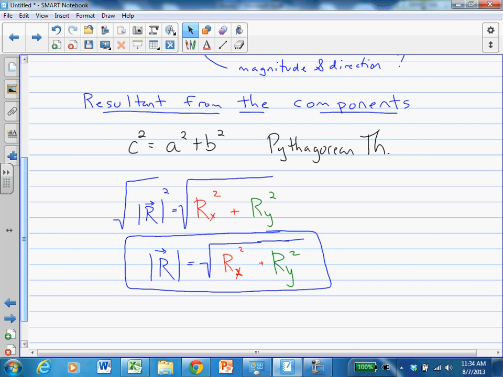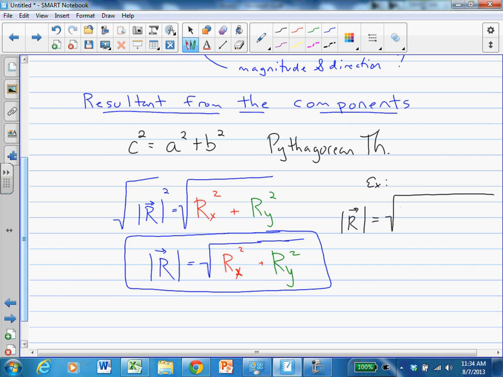And so for our example, the magnitude of that displacement would be the square root of the 20 paces squared plus the 40 paces squared.